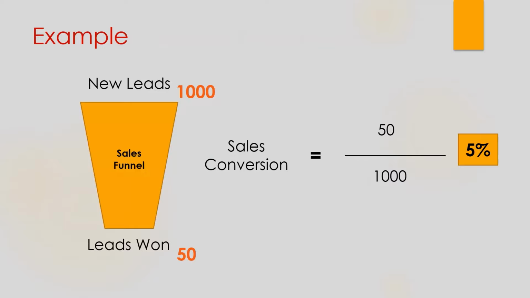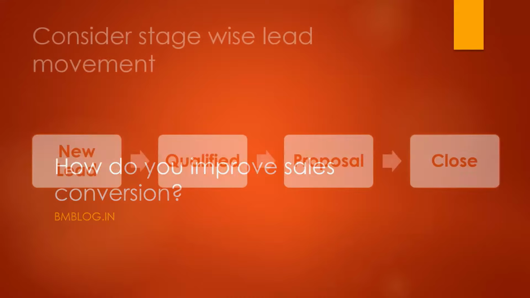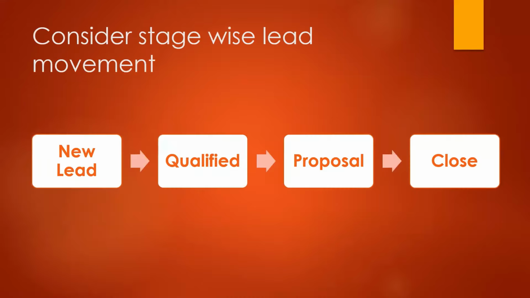So now it brings us to the question: how do we improve sales conversion? Now, what most businesses do is when they decide that they need to improve their conversion, so in this example, let's say you want to improve your conversion from 5% to 7.5%, you look at the entire process as a whole, but that makes it a little difficult.